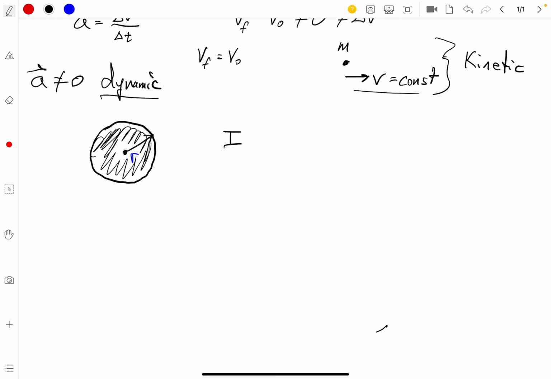The moment of inertia is the rotational equivalent of mass. Okay, so on one hand you have the linear situation of mass. Over here you have rotational moment of inertia. Okay, and then this thing is going to be moving in a circle.